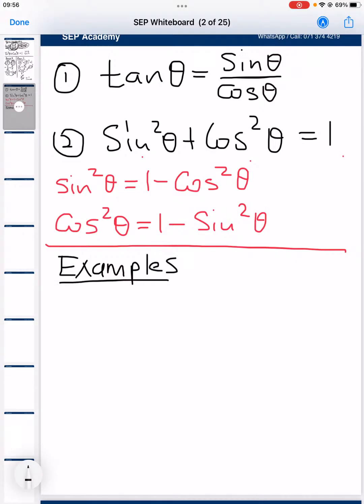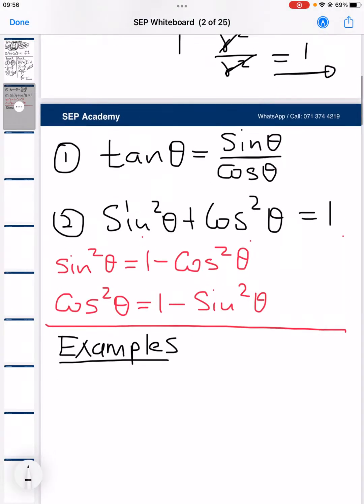Examples. Okay, let's do some examples. Maybe this one as example number 1, where we need to factorize. So factorizing the following is what they want you to do.